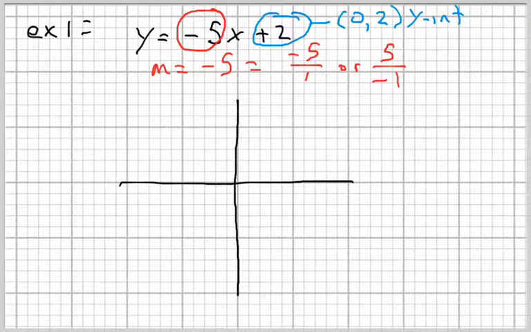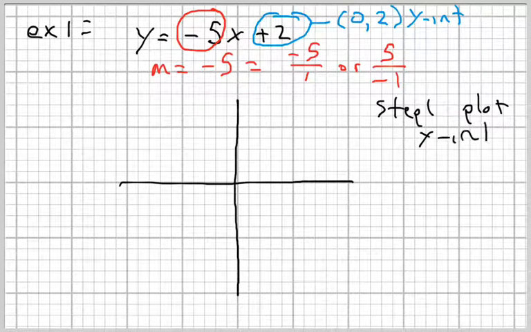First, I'm going to plot my y-intercept. So step 1 is to plot your y-intercept. My y-intercept happened to be the point (0, 2). So 0 is my x value, so left and right 0 and up 2. So that would be this point right here.